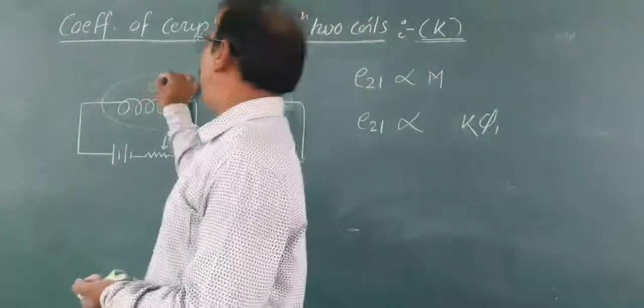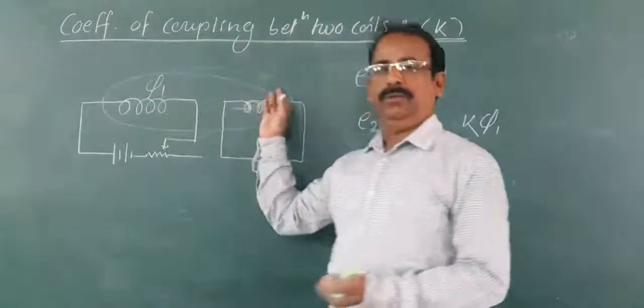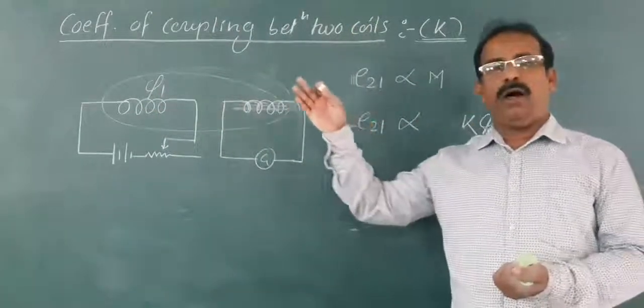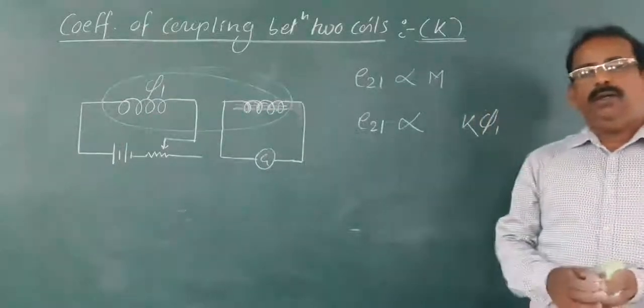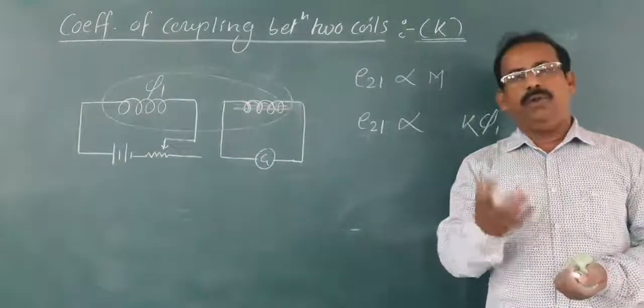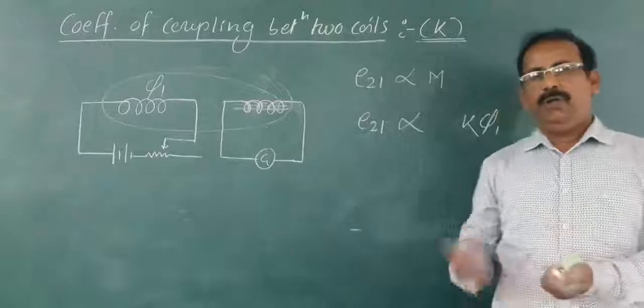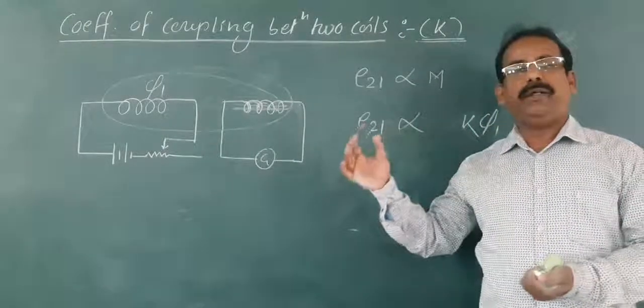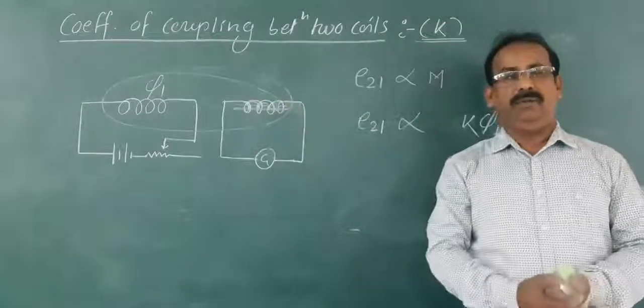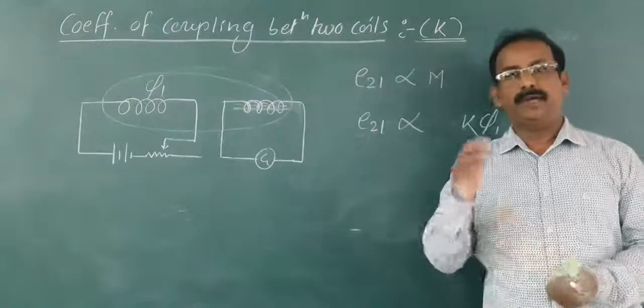Phi1 is the flux coming from this first coil towards this second coil, and K is the coefficient of coupling. This K times Phi1 represents the portion of the magnetic flux reaching the second coil.